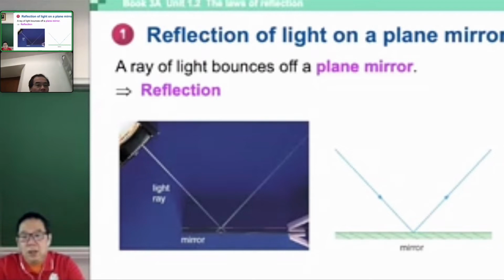On the right hand side, please note this very important point: for ray diagrams, for the second term, we have this optics. You are not asked to do many calculations, but instead you have to do a lot of ray diagram drawing. For ray diagram drawing, for every single light ray, you have to make an arrow to indicate the direction.